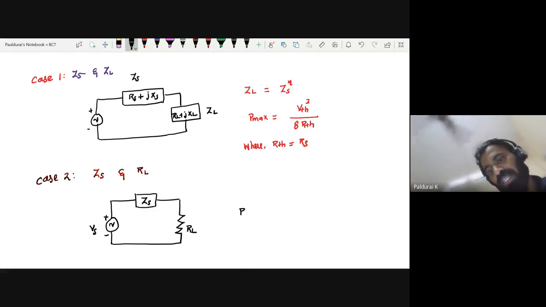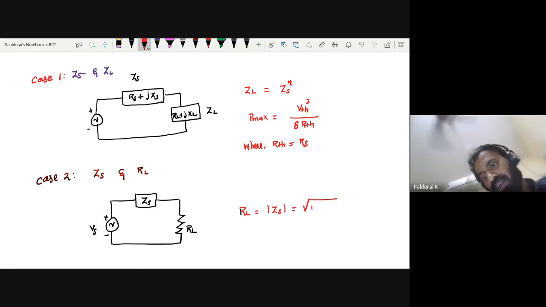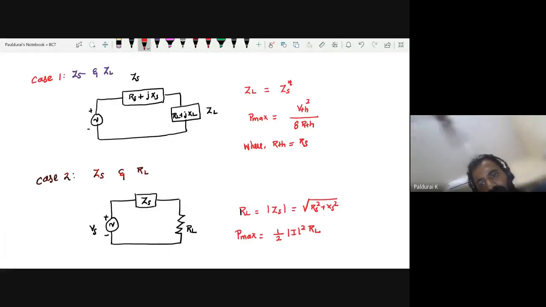Now, what is the condition for RL for maximum power transfer? This time RL equals mod of ZS, nothing but square root of RS squared plus XS squared, and the maximum power is given by half times magnitude of I squared times RL.